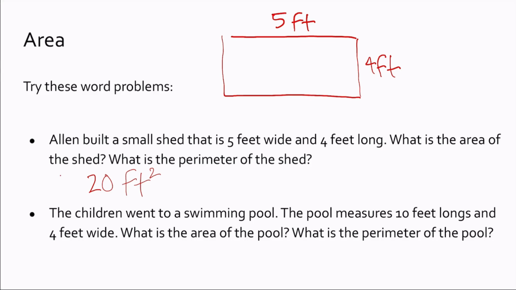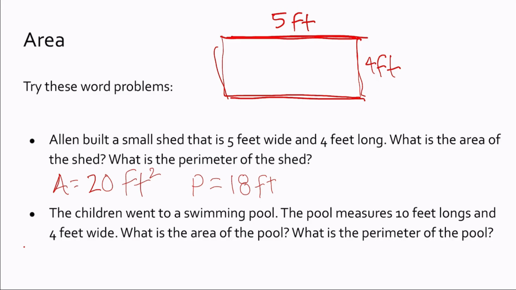And then what is the perimeter? The perimeter, remember, I'm adding up these sides. So I have 5 plus 4 plus 5 plus 4 is 18 feet. Not square feet, just feet. All right, the children went to a swimming pool.